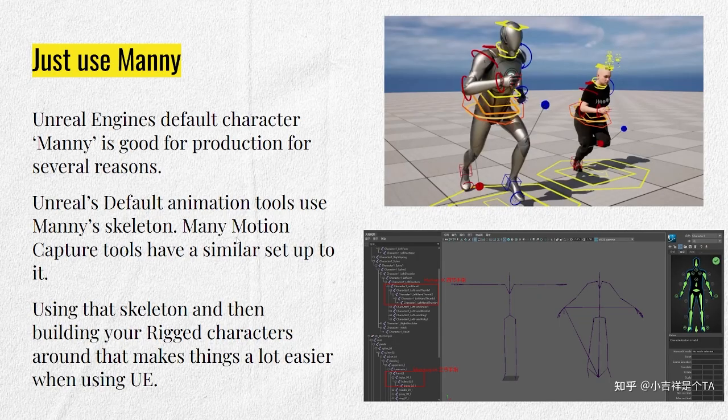Again, just use Manny. It might be hard to see in the presentation here, but this is the default human IK skeleton, and this is the default Unreal Mannequin skeleton. Despite the poses being slightly different and there being some joints there for IK and sockets and all of that, they're still very similar in construction.